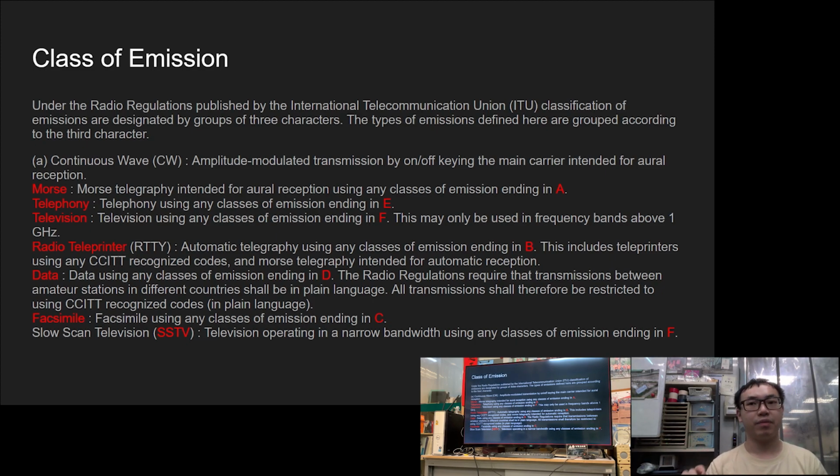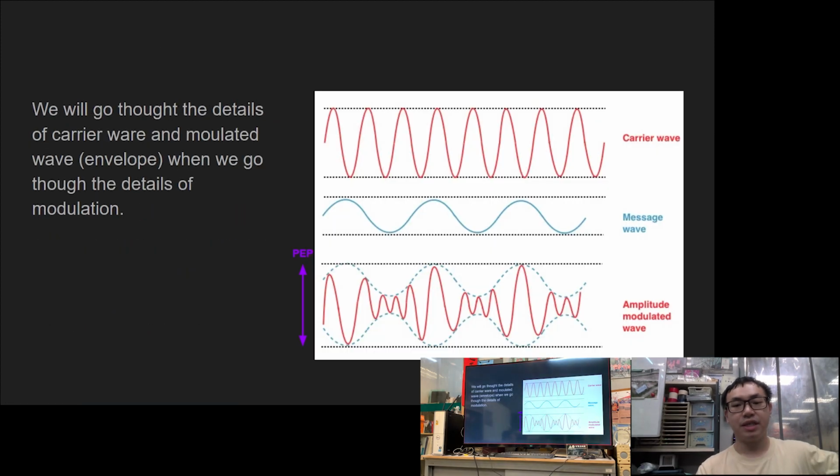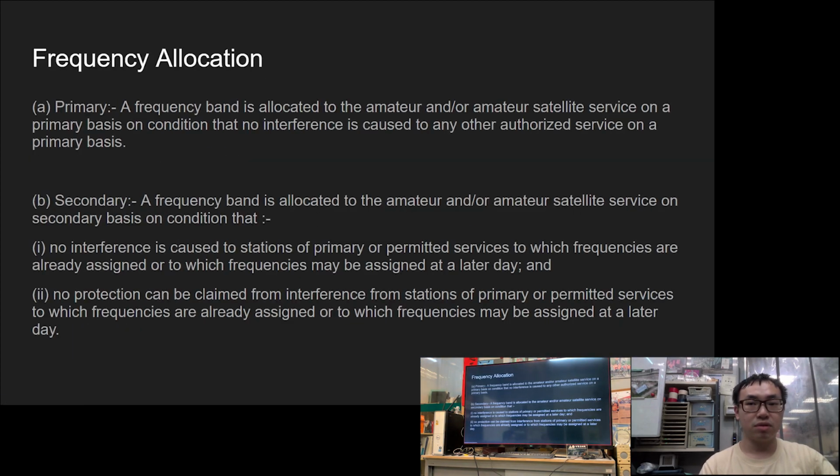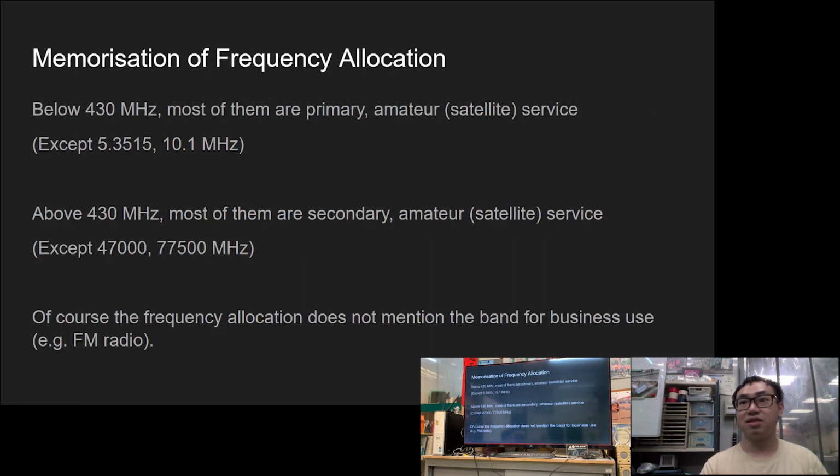So this is Morse code and how it is related to CW, the continuous wave. We just make use of the carrier wave, just on and off, and we don't have to put our message wave onto the carrier wave. We just turn it on and off. Digital, right? 1 and 0. So you know the binary stuff.